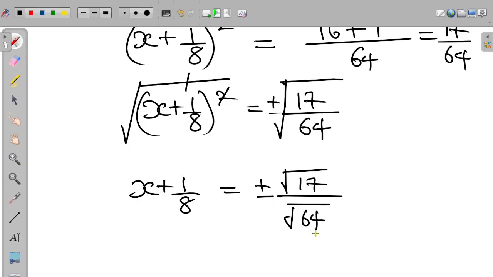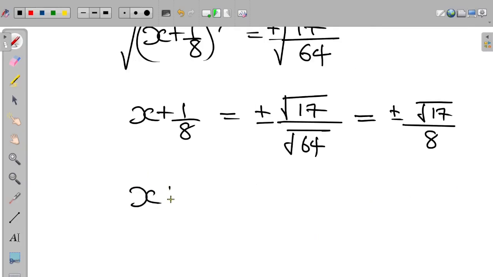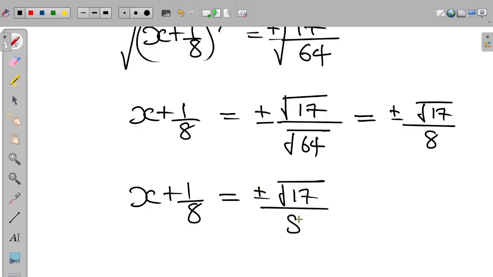So 64 is a perfect square, but 17 is not. So therefore we have root of 17 divided by 8. So we have that x plus 1 divided by 8 is equal to plus or minus root of 17 divided by 8. Now to obtain the values of x, we move 1 divided by 8 to the right hand side.